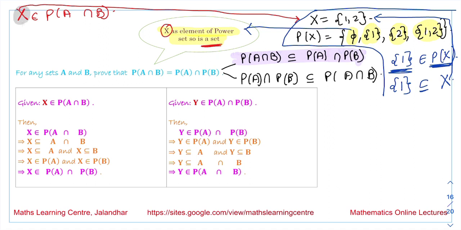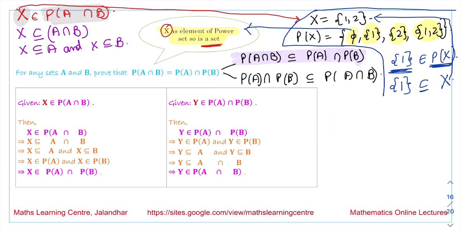If this set X belongs to the power set, then this set X is a subset of A intersection B, that is, it is a subset of the given set. So we get that X is a subset of A and X is a subset of B.